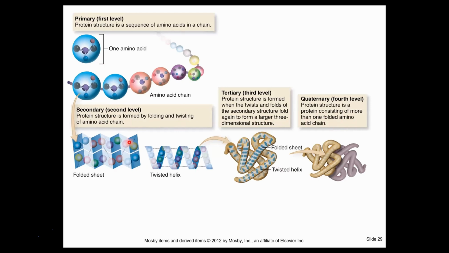So that means from just a string, they are folded into two-dimensional, then into three-dimensional, and eventually you have this fourth level protein structure where the protein consists of more than one folded amino acid chain. Okay.